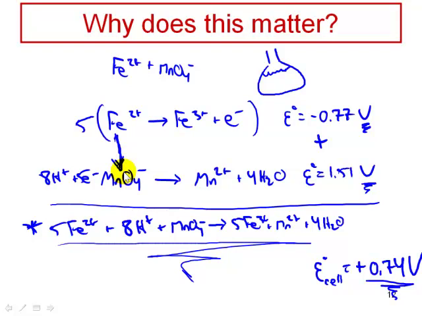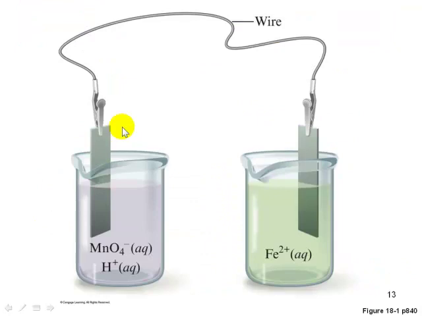But then imagine, what if we were able to harness the electrons, because that's what's happening here, electrons get transferred from one thing to another. What if we were able to make them do something useful? We could do that, maybe, by separating these two reactants from each other, my iron and my permanganate, in separate compartments.